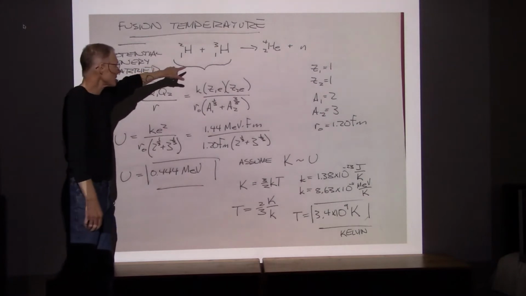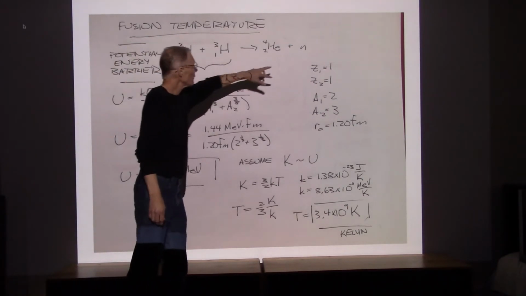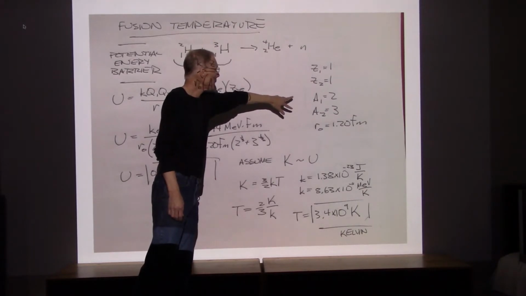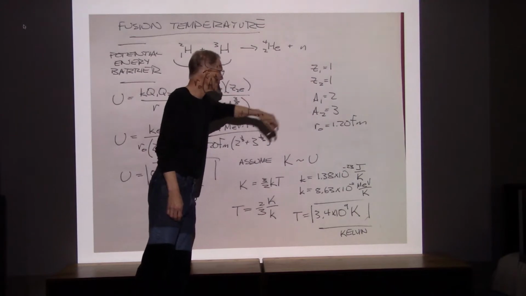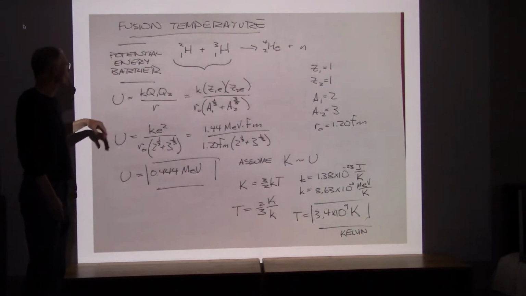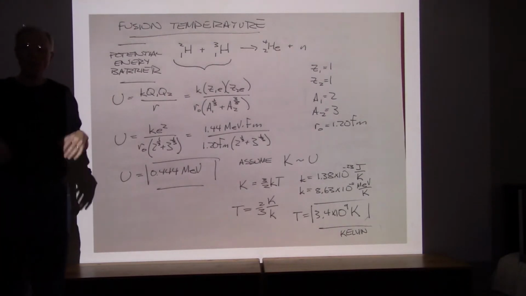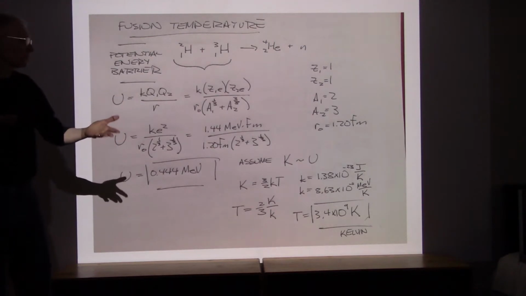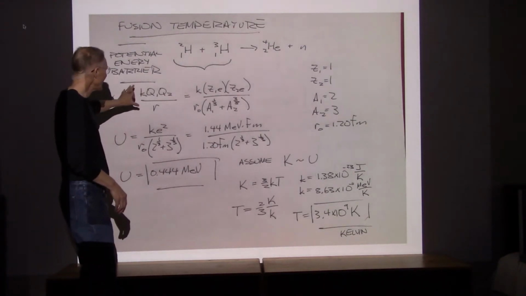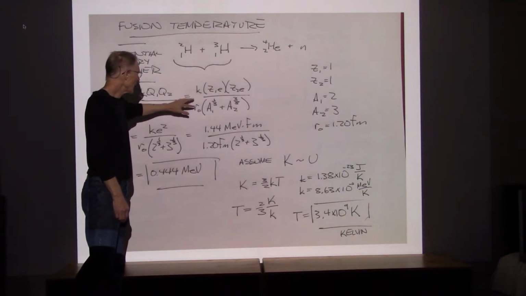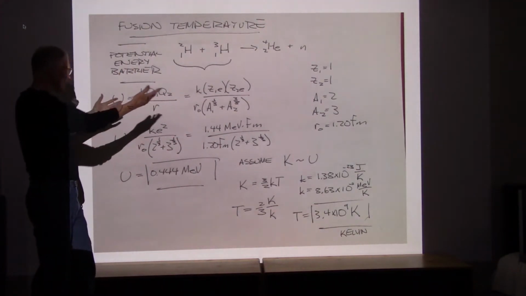So here's that very same reaction, and the atomic numbers are both 1, and the nucleon number is 2 for the deuterium and 3 for the tritium. And so I've gone back and used our electromagnetic potential energy barrier and did the same calculations. We've done these before. And so I've carried through the numbers.